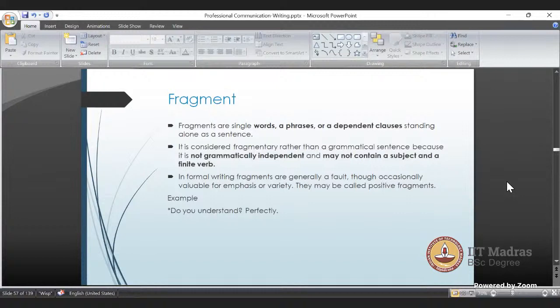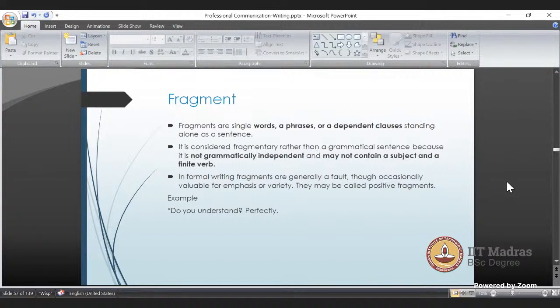Like say an essay. Essay will definitely not take fragment. It won't allow. Letters will not allow, at least formal letters will not. None of formal letters or semi-formal letters will allow for fragments. Fragments are sometimes also referred to as run-on sentences, which means not a sentence, not grammatical.